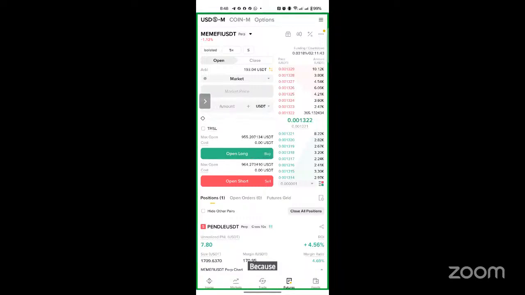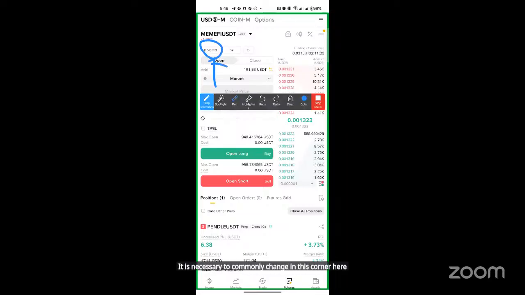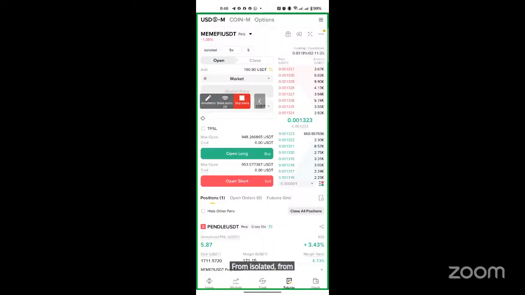If you are going to trade one coin, it is not necessary. Give me a one if you understand. But if you're going to trade more than one coin, it is necessary to come and change in this corner from cross to isolated.